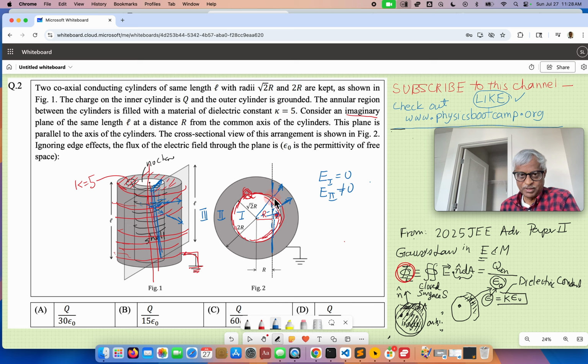So for the electric field, let's call it A and B. I'm going to do a straight line from here to here and call that C. I'm going to redraw this picture, but let's just stay with it. D and E. So from B, C, D, the electric field is 0 there.